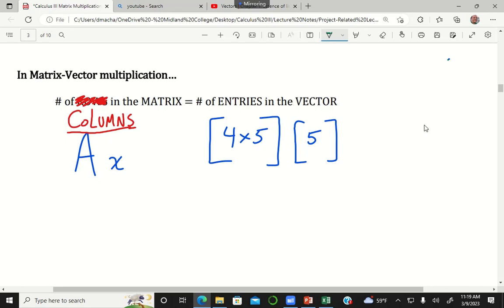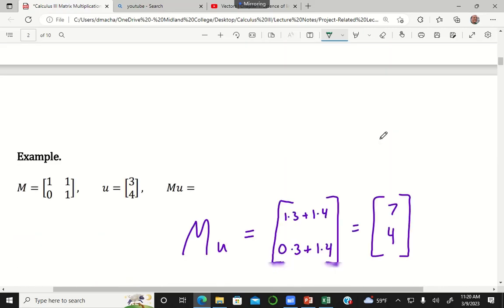Because if I'm going to do the dot product between two vectors, then the vectors have to have the same number of entries. And since I'm doing the dot product of the rows of the matrix with the vector, there has to be the same number of entries in every row of the matrix as there are entries in the vector, which means I have to have the same number of columns in the matrix as entries in the vector. And we can go through my examples and see that's what happened, right?